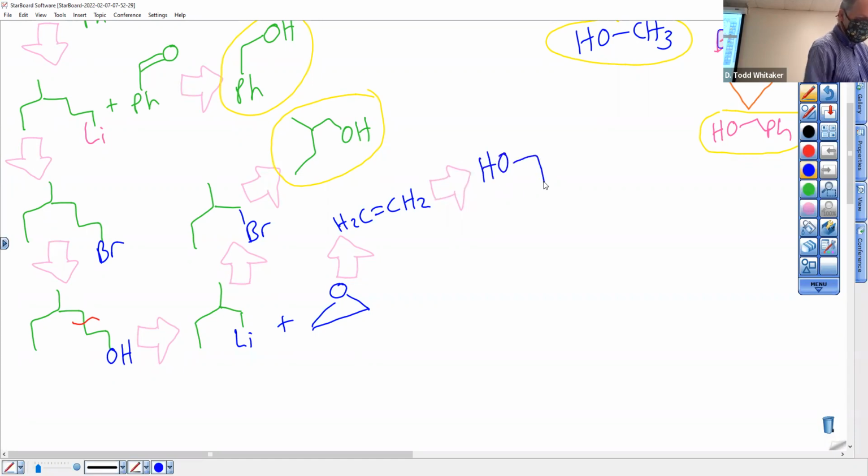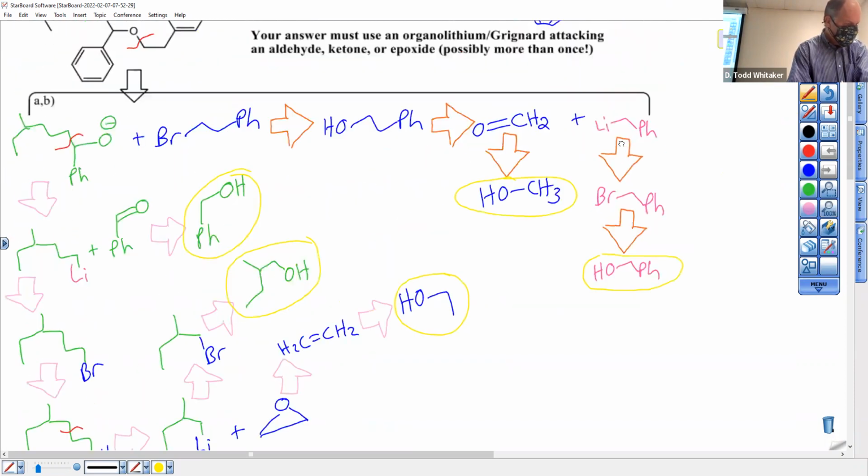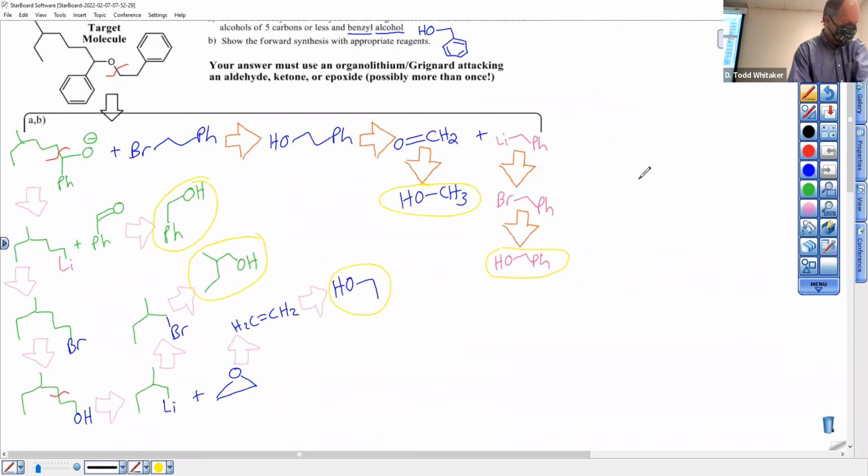If you dehydrate an alcohol, you get an alkene. So before I do the forward synthesis, here is the retro. We've accounted for every carbon in the target molecule. Every carbon in the target molecule is now circled here.